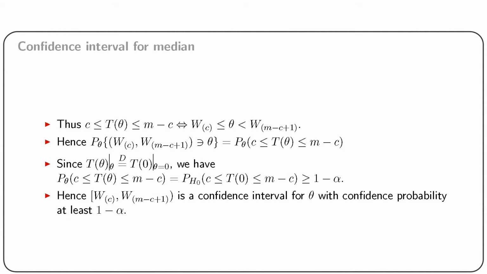Thus, we finally get c less than equal to t theta less than equal to m minus c is equivalent to w ordered c less than equal to theta less than equal to w ordered m minus c plus 1.